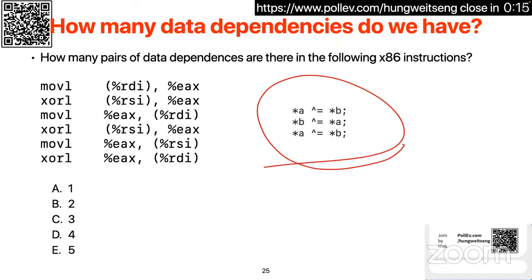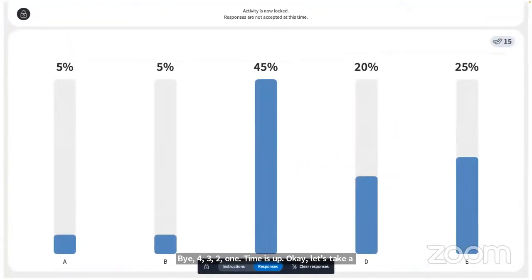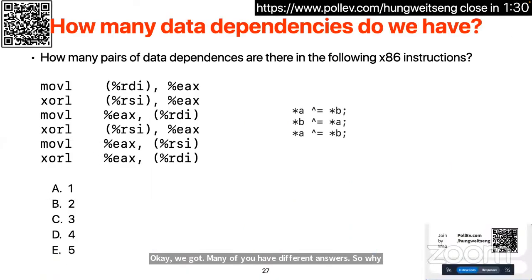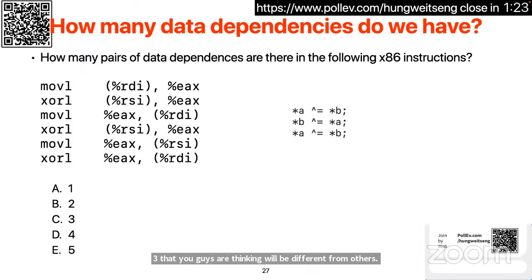All right, let's wrap up in 15 seconds. Five, four, three, two, one. Time is up. Okay, let's take a look. We got many different answers, so why don't you talk to your friends for another 90 seconds? Maybe the two or the three that you are thinking will be different from others. Go, discuss.